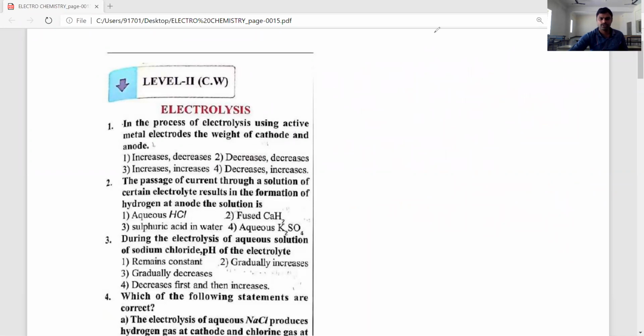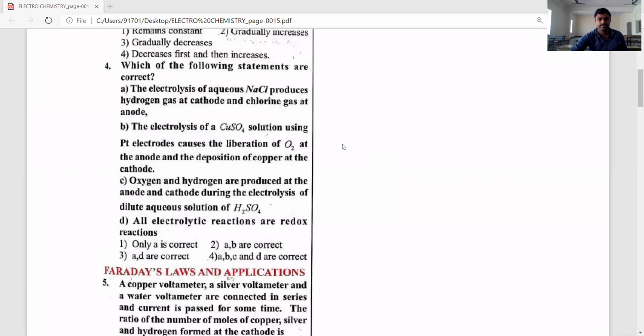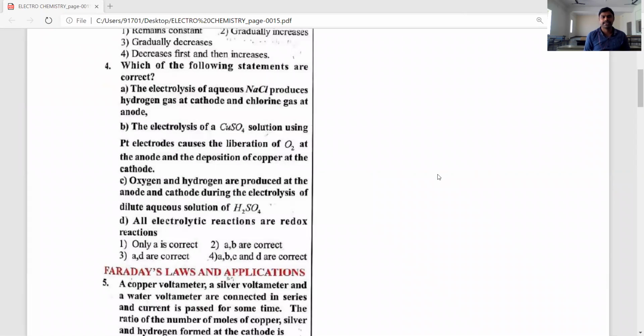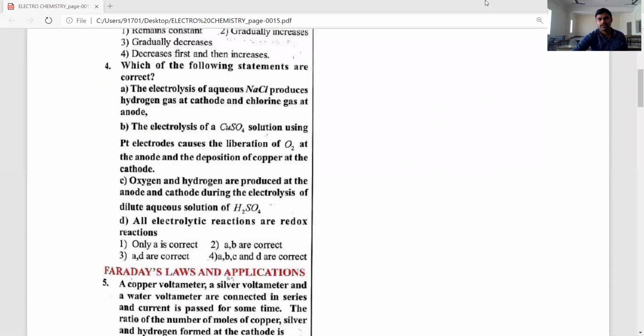Let's go for the next, fourth question. Which of the following statements are correct? Let's see the first statement.